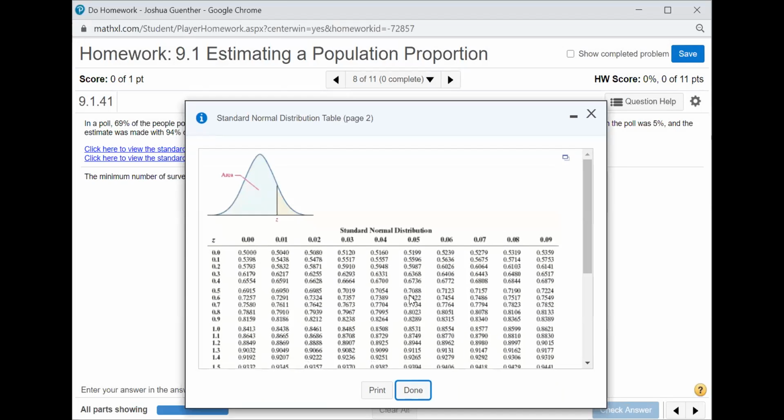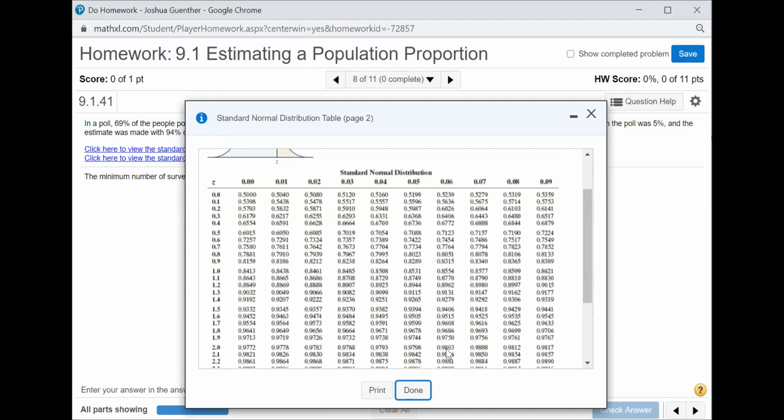We're going to get into the z-table, and what we're looking for is 0.975 within the table, within the probabilities. And I think I spot it. There's 0.975. In fact, it's perfect. Normally, we can only get as close to 0.975 as we can, but this just so happens to be something we can get right up on.